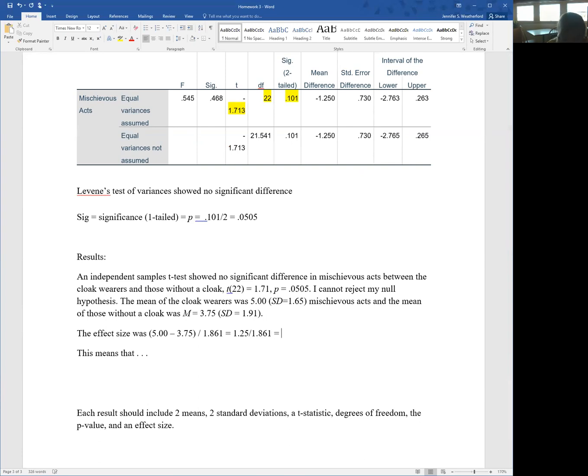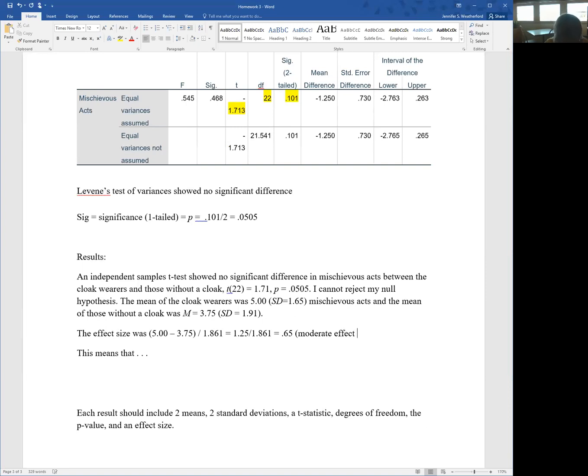But SPSS does not automatically give you an effect size, which I think SPSS could, and I wish it were programmed that way. Maybe that's something that will happen in the future. In the meantime, we just pull out our calculator or our spreadsheet and calculate it ourselves. But this might be a 0.65, I don't know, I'm just totally guessing, which is a moderate effect size.